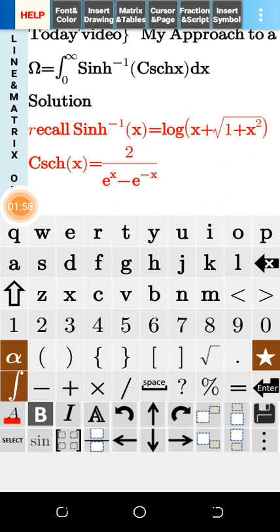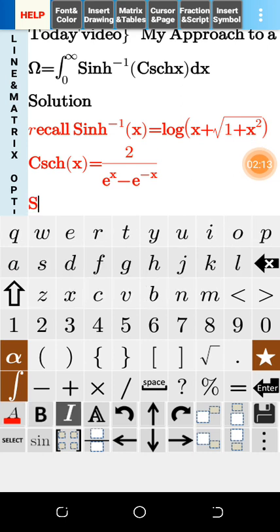So let's start our simplification of sin(arcsinh(csch x)).